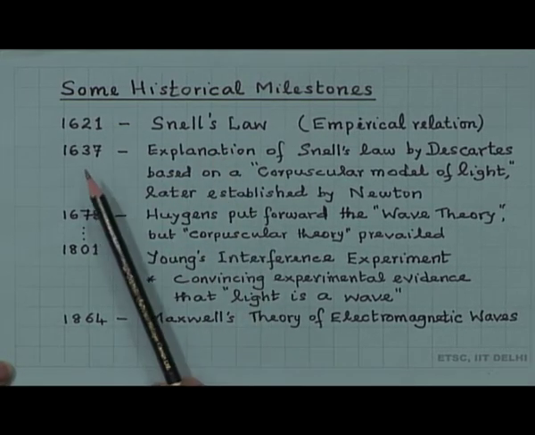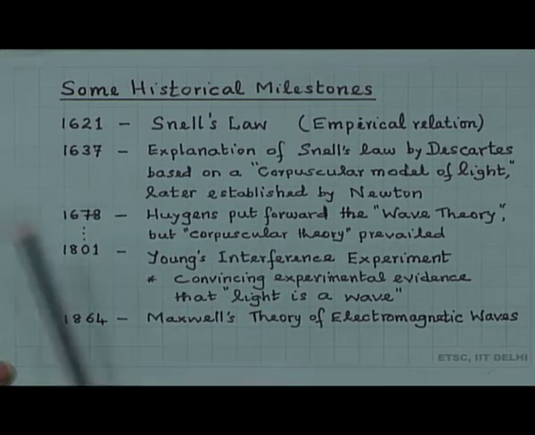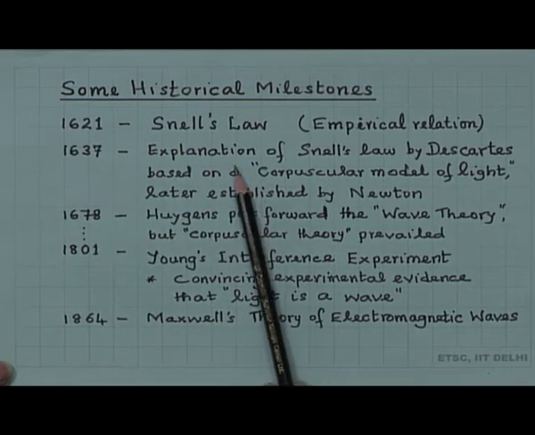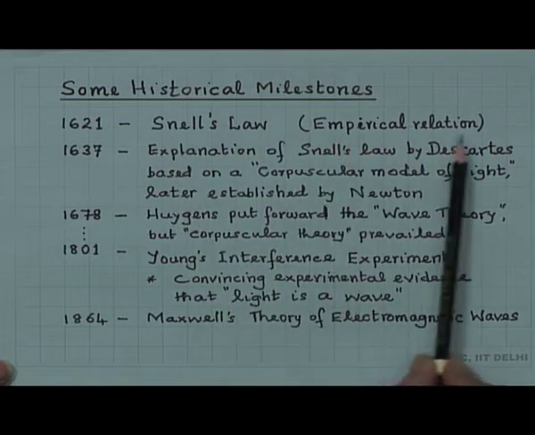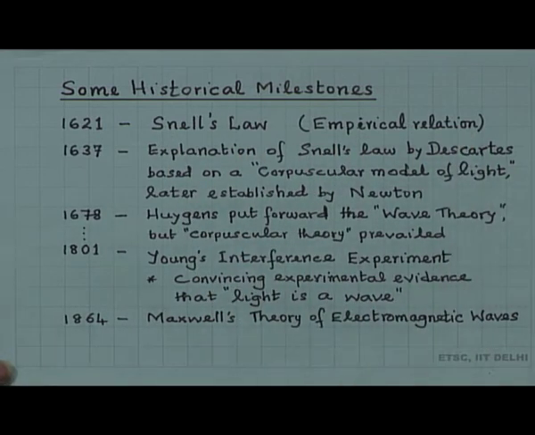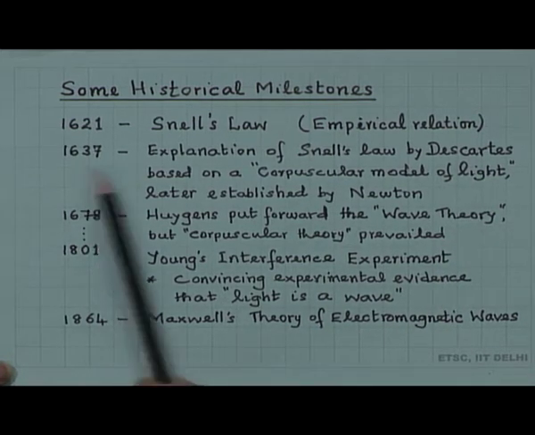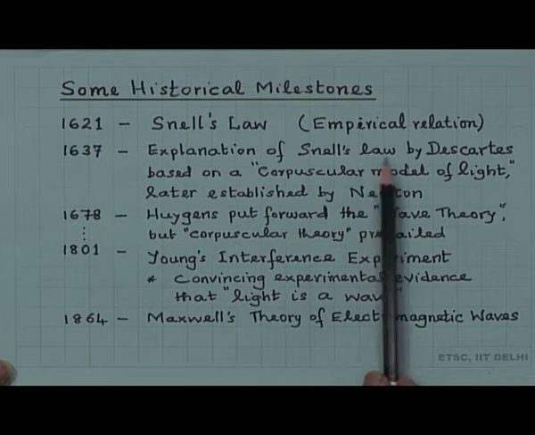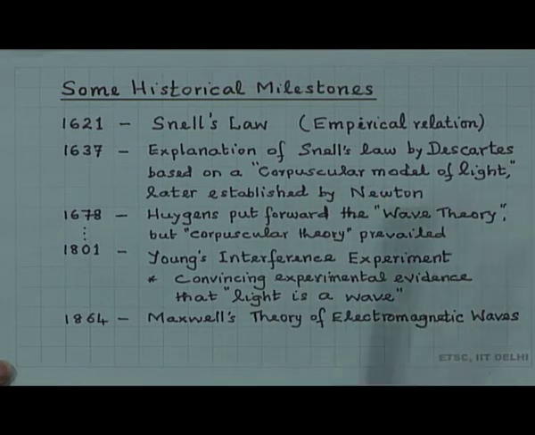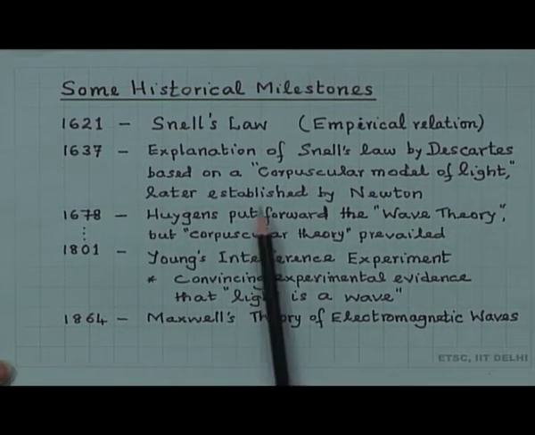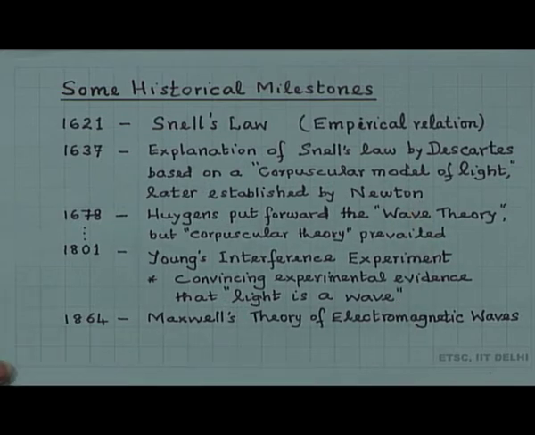And then in 1637, an explanation of Snell's law was provided, because Snell's law was an empirical relation based on experimental observation, and there was no theoretical support for that. This explanation was given by Descartes based on a corpuscular model of light, which was later established by Newton, and is now known as Newton's corpuscular theory.